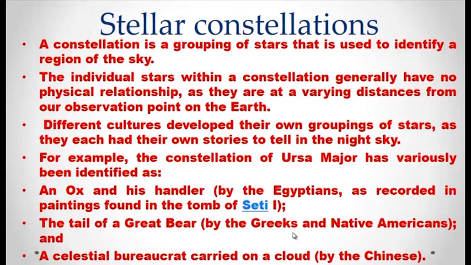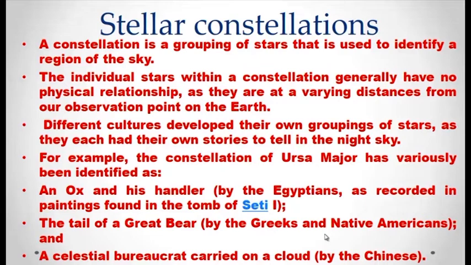Greek astronomers and Roman astronomers gave different names to the groups of stars they found in the sky. The constellation of Ursa Major has variously been identified as the Ox and his handler by the Egyptians, as recorded in a painting found in the tomb of Seti, and as the tail of a great bear by the Greeks and Native Americans.